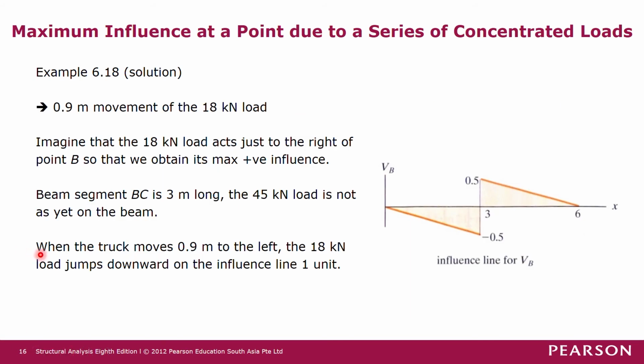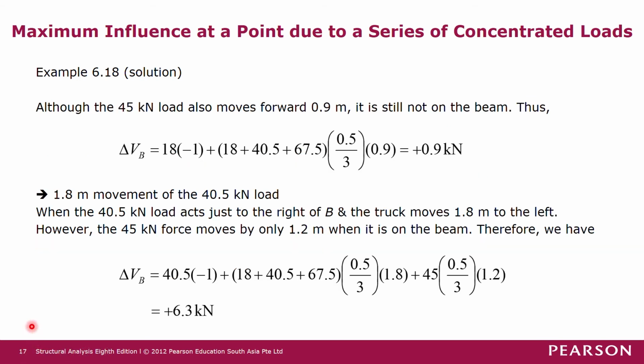So when the truck moves 0.9 meter to the left, the 18 kilonewton load jumps downward on the influence line by 1 unit. There's a jump of 1 unit, but it's a negative jump, from just to the right of point C to just to the left of point C, a jump of -1. Although the 45 kilonewton load also moves forward 0.9 meter, it is still not on the beam, as I have explained.